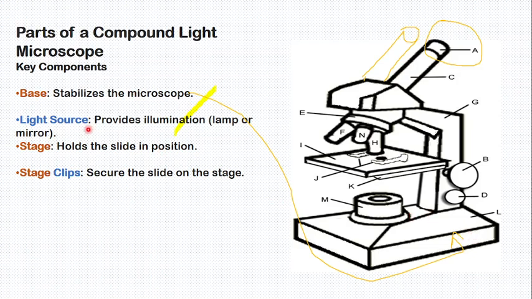The light source provides illumination, which means it provides light. Remember, light microscopes use light and lenses so that we can magnify the image. Now the stage is where we put things. On the stage we put our slide, which contains the sample.